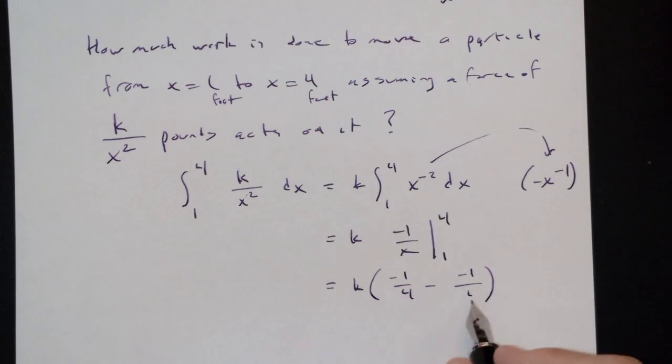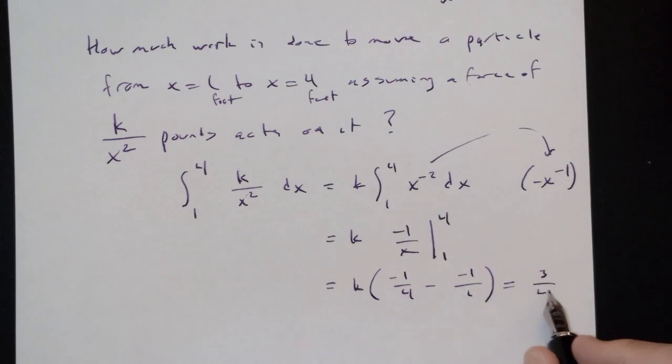Well, negative 1/4 plus 1 is 3/4, whatever K is. Units for that number: foot-pounds.